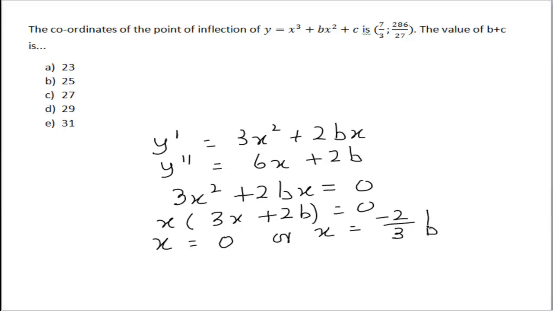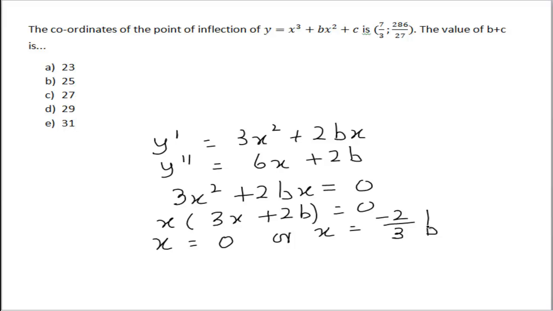Now, if you remember very carefully what I did say, if we find the sum of the x values divided by 2, we will get the 7 over 3 that we're talking about.